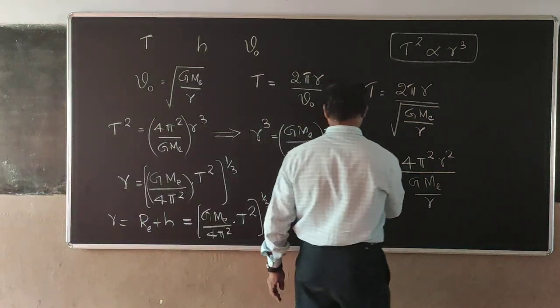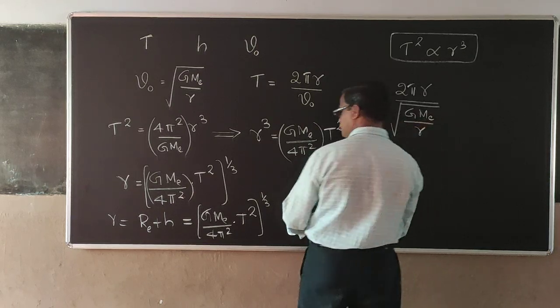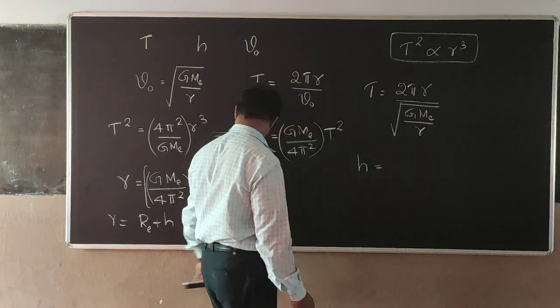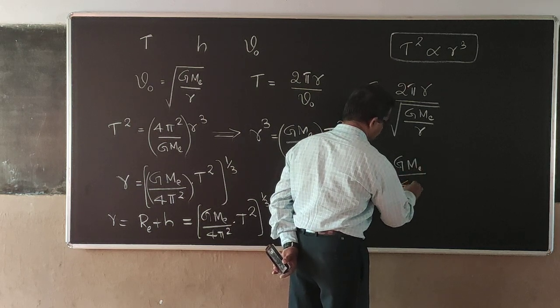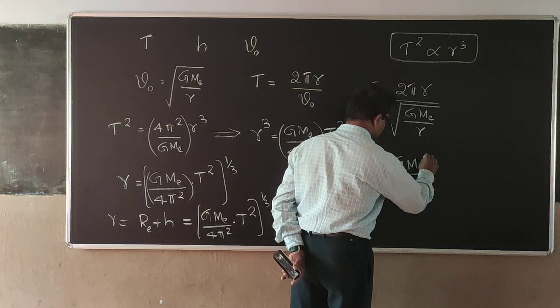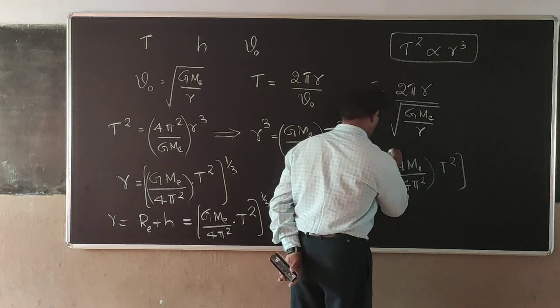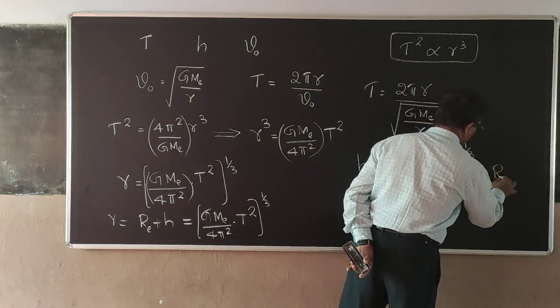Now, therefore, I can write the final formula for height h will be equal to GM_E by 4π² into T², all raised to 1 by 3, minus R_E.